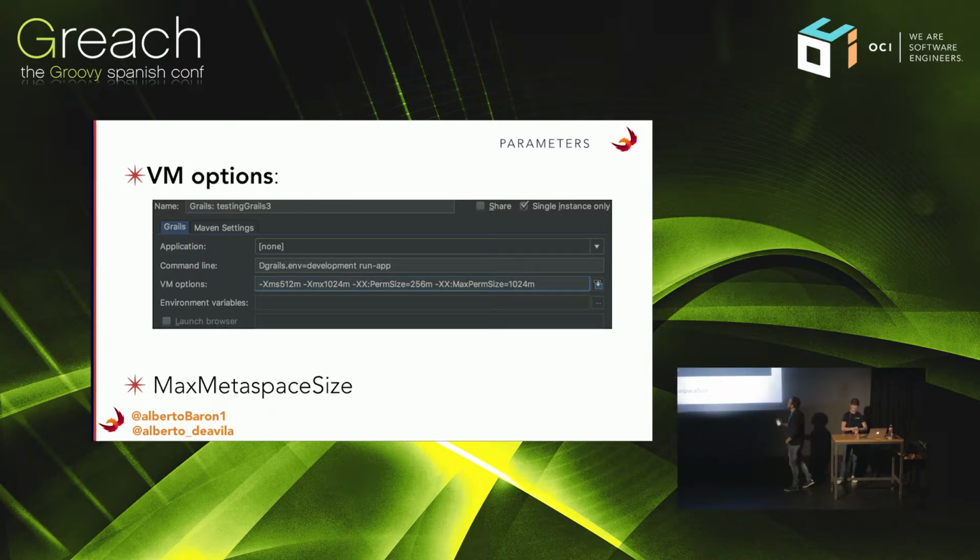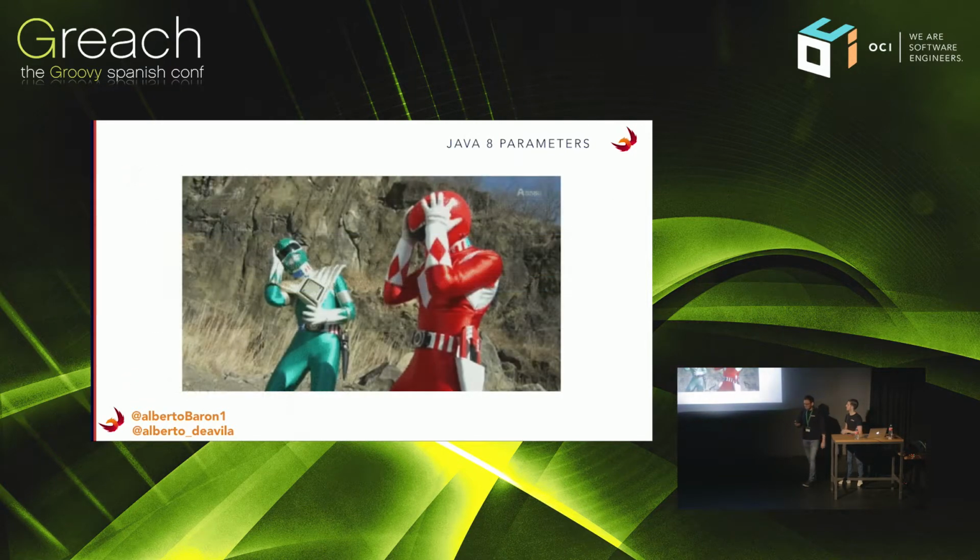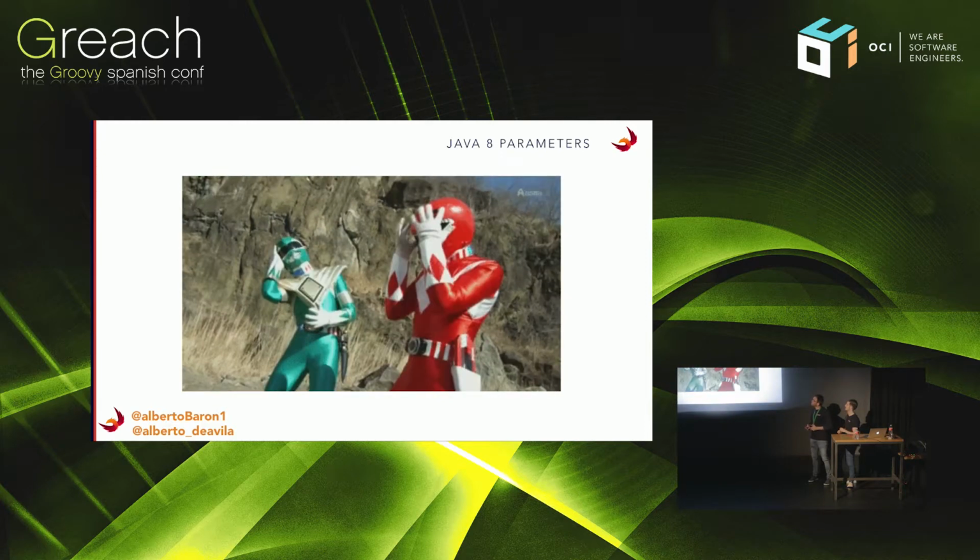And the last 2 parameters are related with PermGen space, and it's related to the saving of metadata, such as class objects or even methods. In Java 8, the PermGen space disappeared, so those parameters are ignored, and a new flag appears, which is the max metaspace size, which substitutes those parameters. So be careful with the JVM parameters.